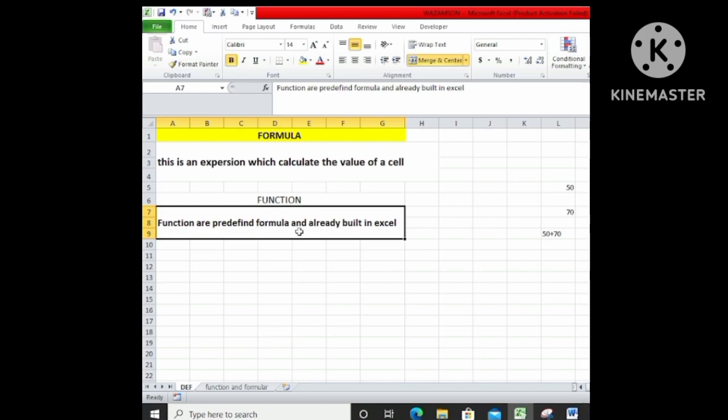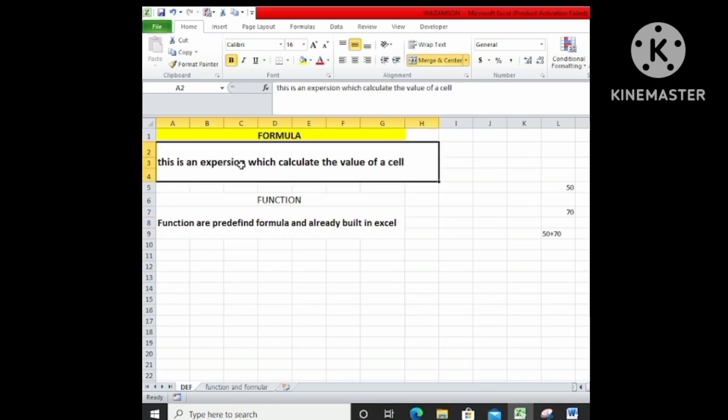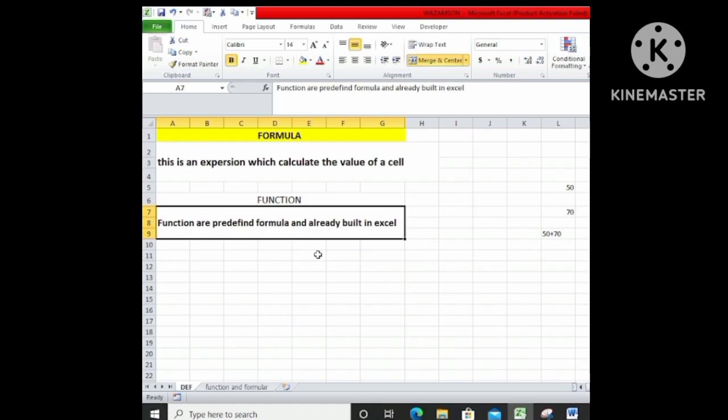You just have to express it. Now that we have the difference between a formula and a function, let's take a look at practical so we can see how these things work. A formula is an expression which calculates the value in the cell, while a function is a predefined formula already built in Excel.